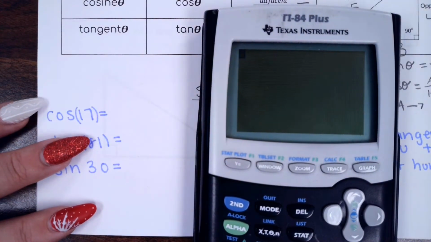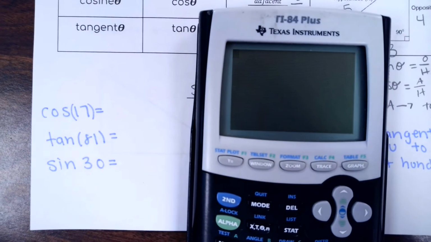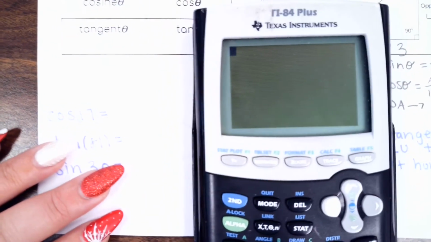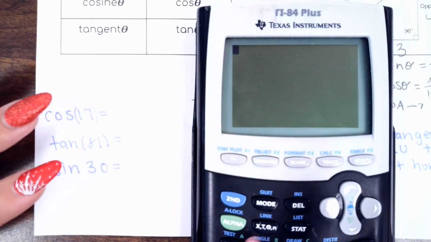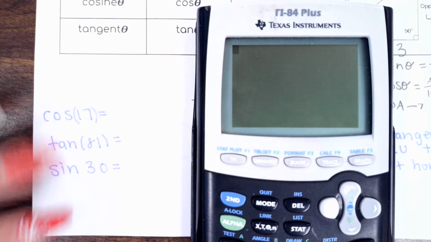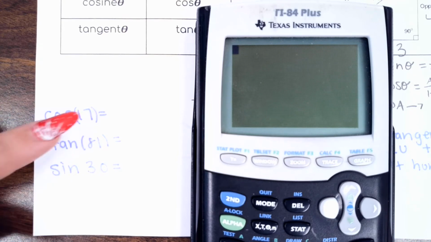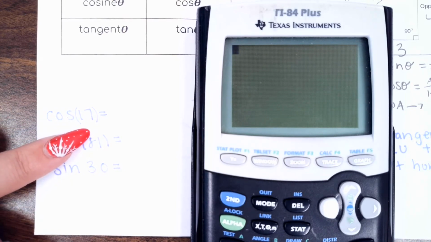Now, in this class, I know it's hard to see the paper now, but it's easier to see the calculator. I'll switch back when I go back. But the cosine of 17. This means the cosine of 17 degrees. This is saying that my reference angle is 17 degrees.